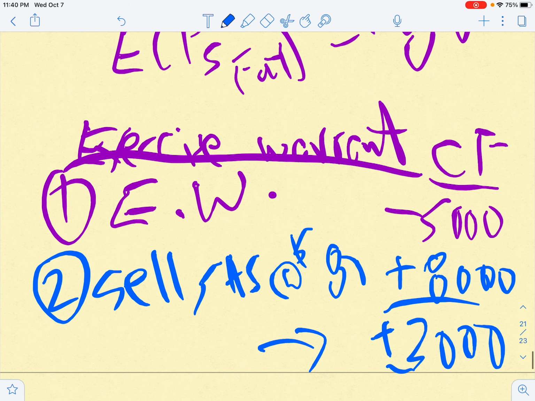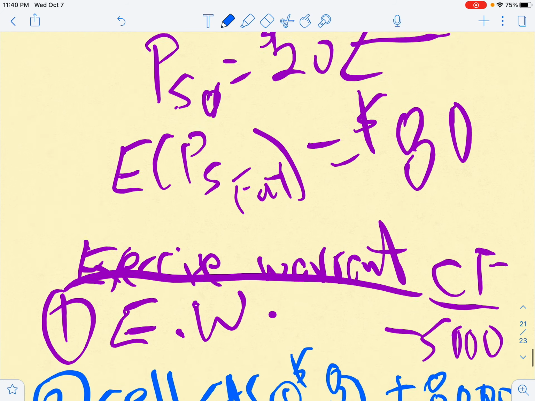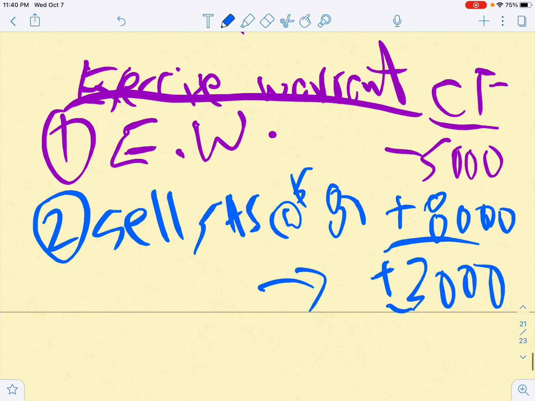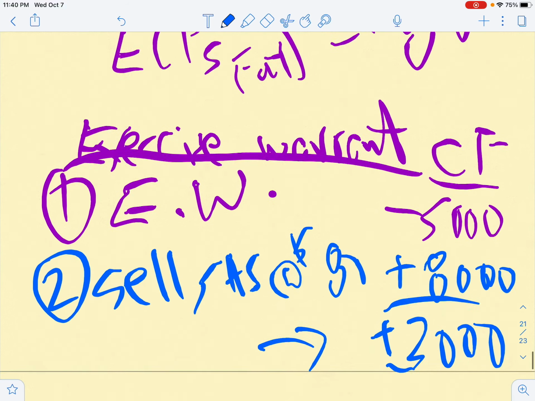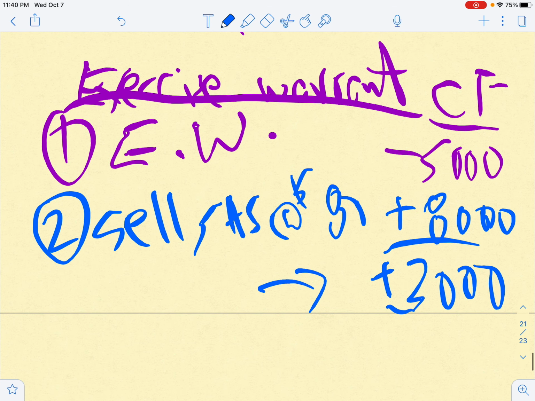Okay? But you wouldn't exercise your warrant right away when the stock was still 20. That would be irrational, illogical, foolish.